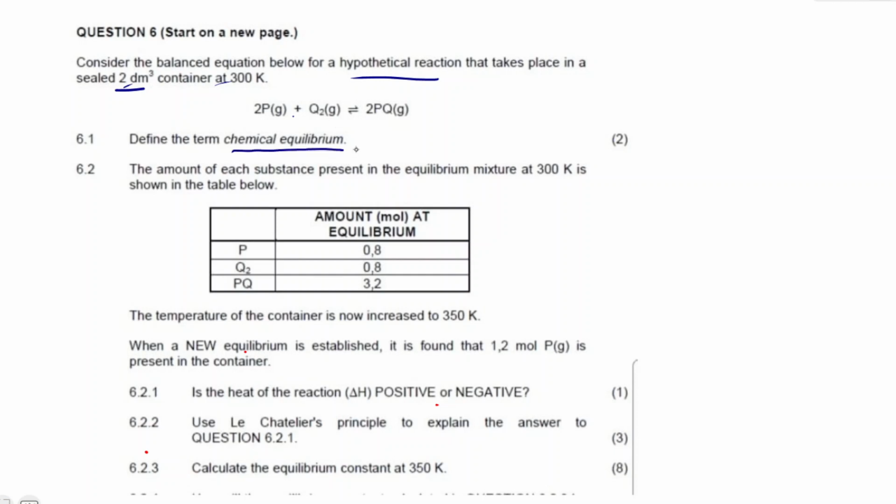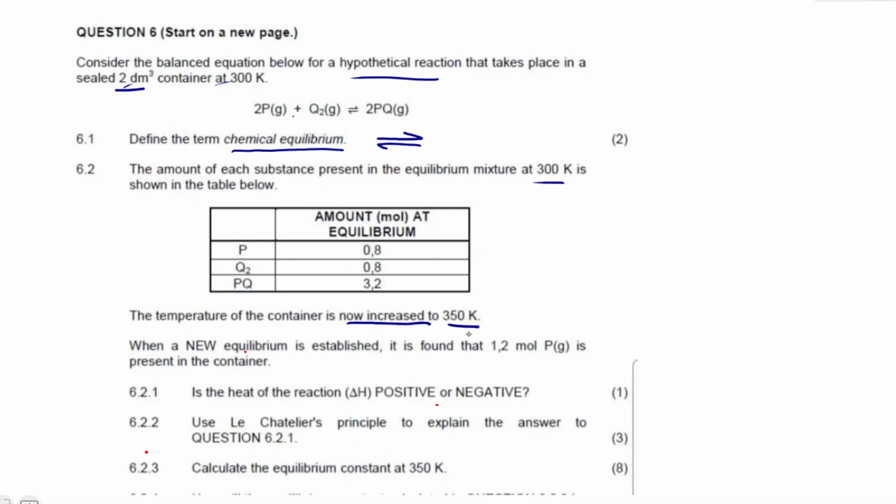Now, chemical equilibrium, we said it is when the rate of the forward reaction is equal to the rate of the reverse reaction. Now, the amount of each of the substances present in the equilibrium mixture at 300 Kelvin is shown below. So these are the number of moles at equilibrium for all your substances. The temperature of the container is now increased to 350 Kelvin.